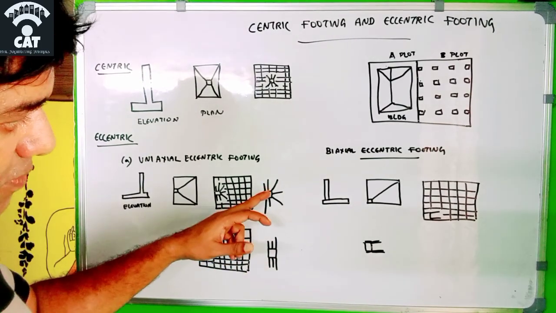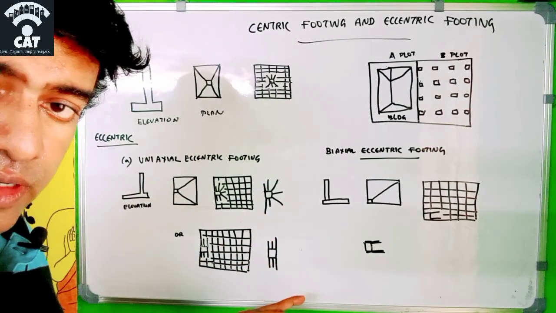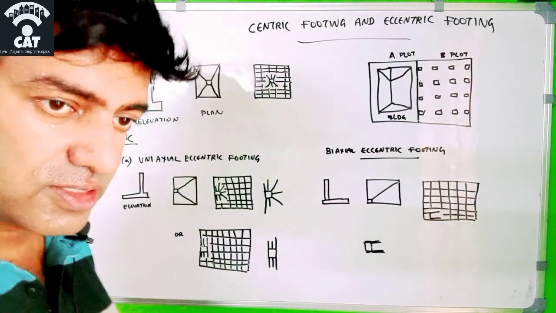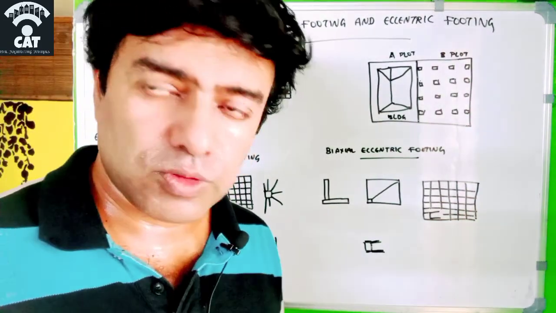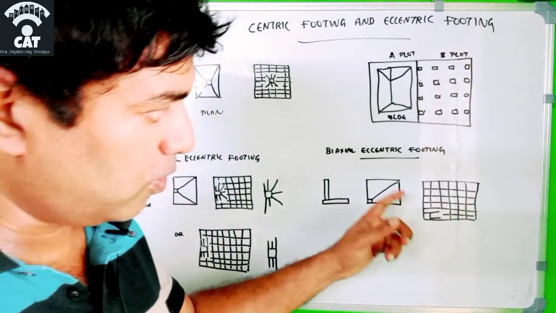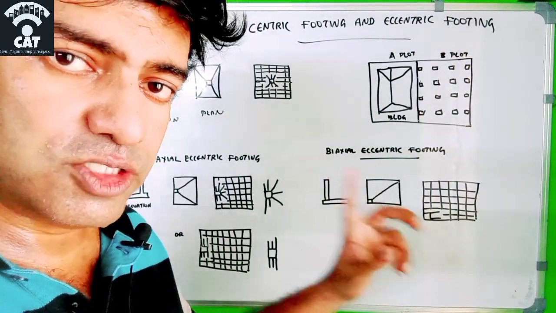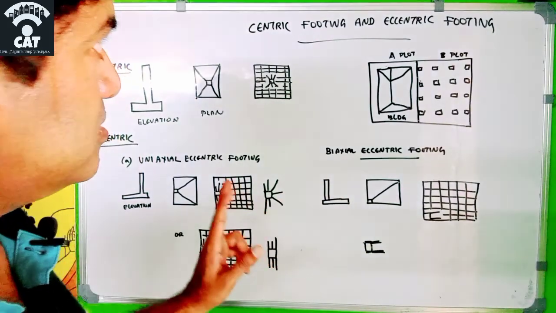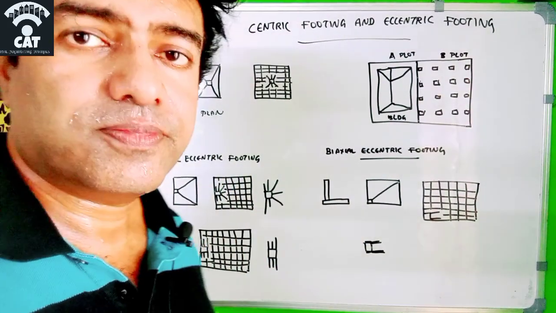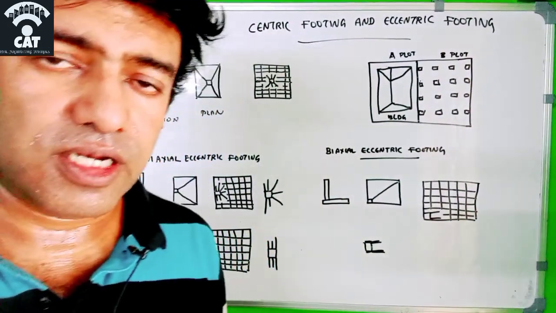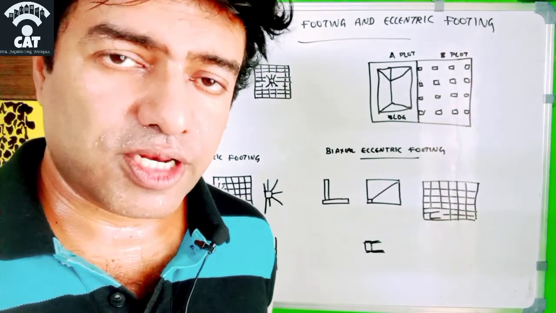And this can be in this way or this way. We can give reinforcement. And the second one is biaxial, where uniaxial is also not possible. The column has to go to a corner in order to keep the length of the beams and also to balance the forces. So this is a general discussion regarding centric columns and eccentric columns.